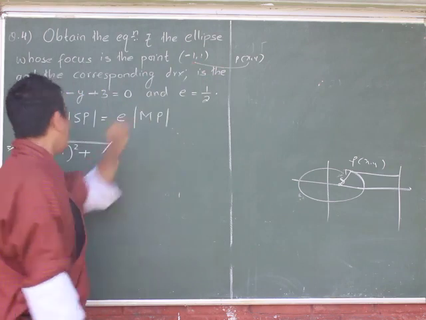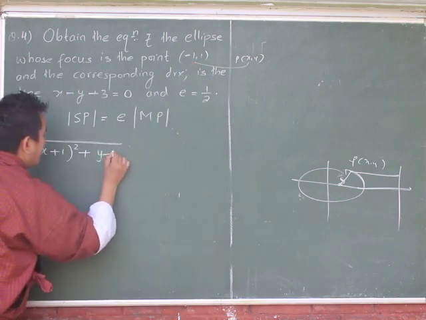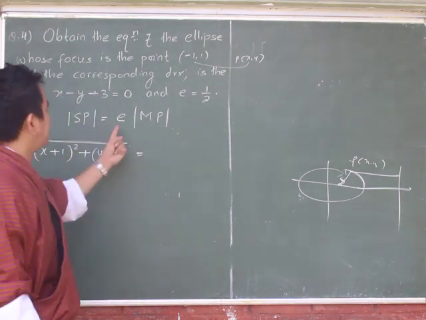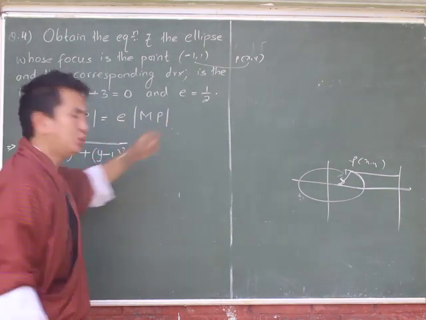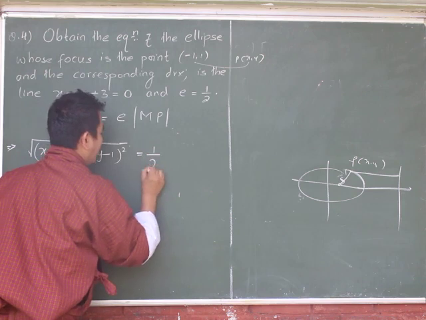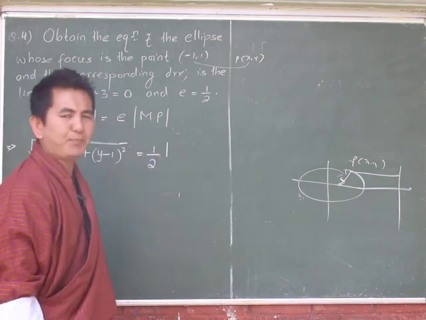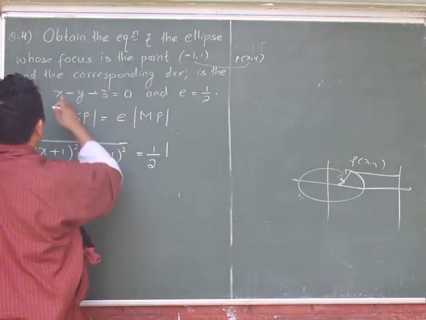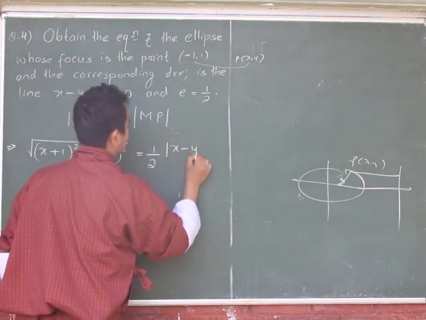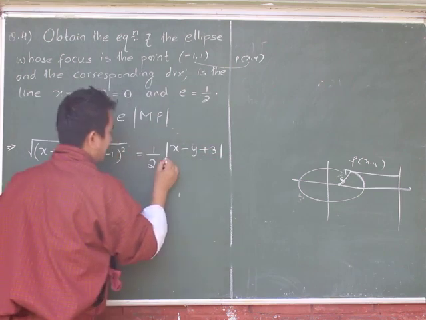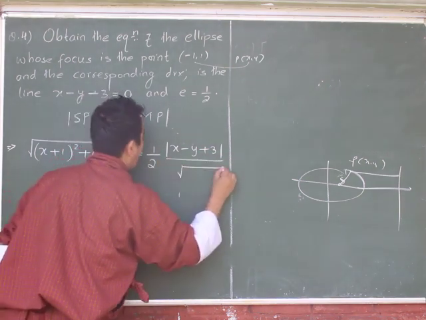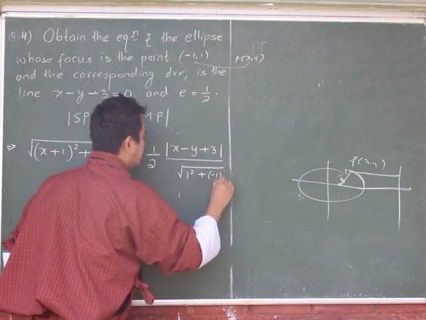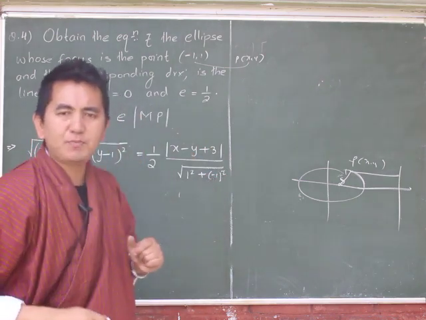This is equal to, now here the eccentricity value is 1/2, so substitute 1/2 times modulus of MP. MP is given by the perpendicular distance formula: (x minus y plus 3) divided by root of 1 square plus (-1) square. Similar concept, isn't it?